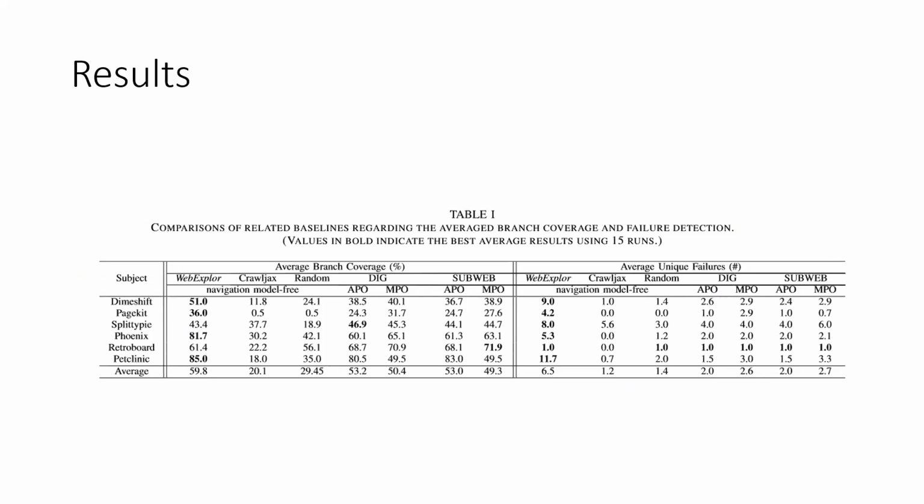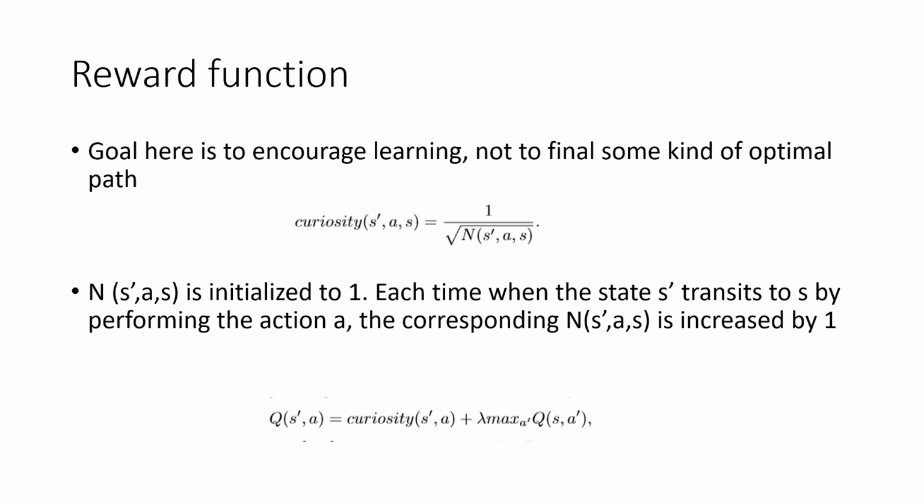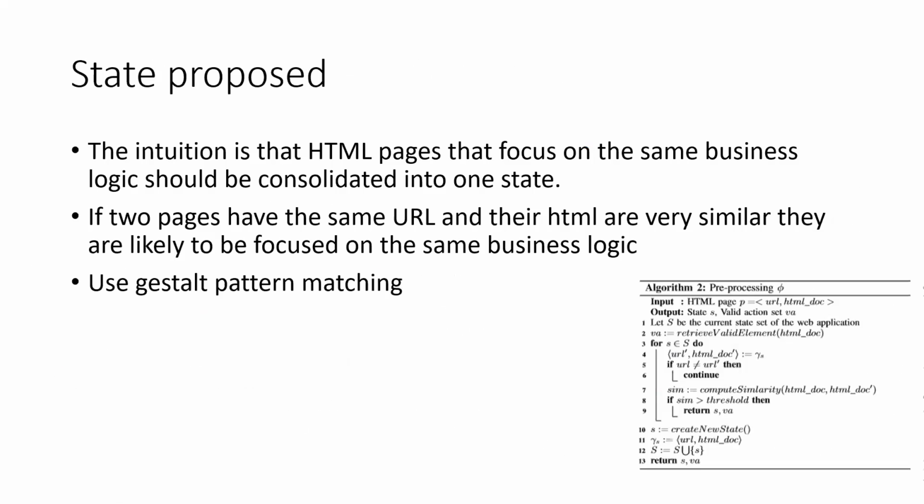When they define a state, they define the state similarity based on the HTML element, the HTML similarity. Yes, correct. Because they are testing a single web page, I think the HTML similarity is reasonable.